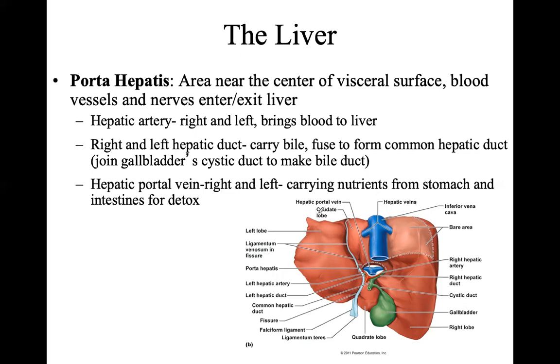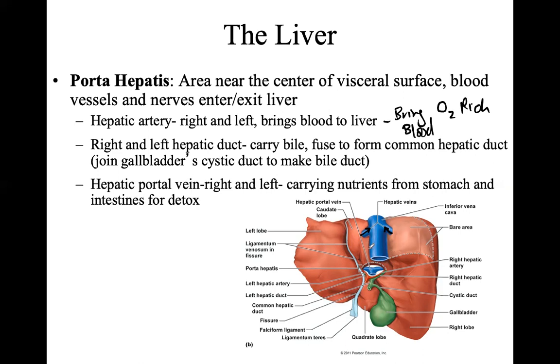Again, we also talked about what you see in red here. These are the hepatic arteries, which are responsible for bringing oxygenated or O2-rich blood to your liver. And then the right and left hepatic veins, which are right here and right here, are the ones that take the deoxygenated blood or oxygen-poor blood away from your liver.